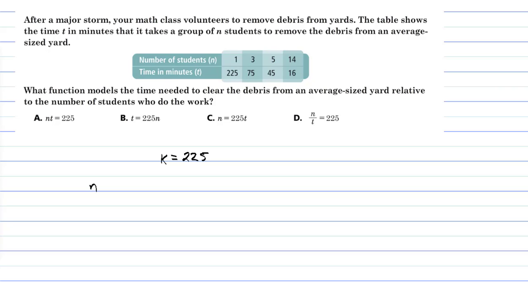And then when we start trying to figure out what your formula is, you came up with N is equal to 255 divided by T, or T is equal to 255 divided by N, but neither one of those are the options. Another way of writing these when they're inverse variation is you can actually multiply your X times Y is equal to your constant. 225, excuse me, not 255.